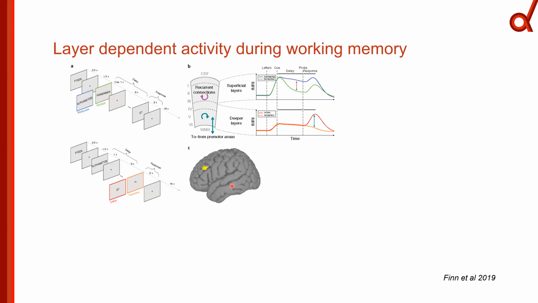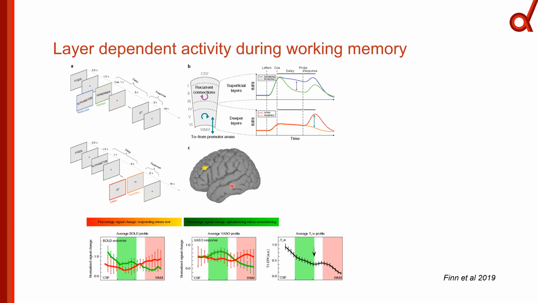And this was an exciting paper because what they actually show is that in the prefrontal cortex, right, so way away from all of these very basic areas, you can actually see a difference in the hemodynamic response in the superficial layers when the letters are being reorganized into alphabetical order, and an increased response in the lower layers with a response minus rest.